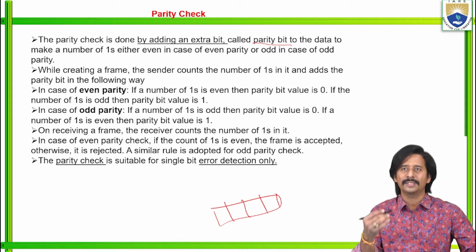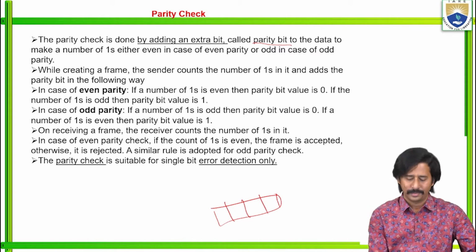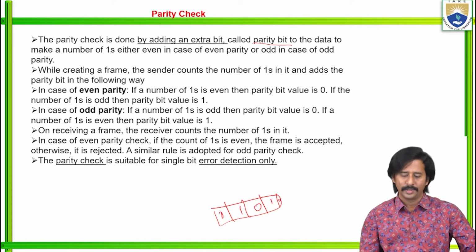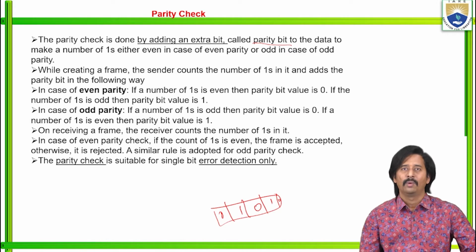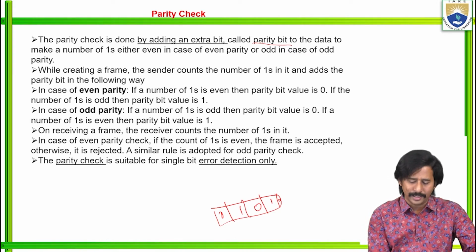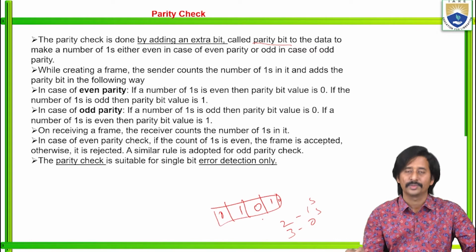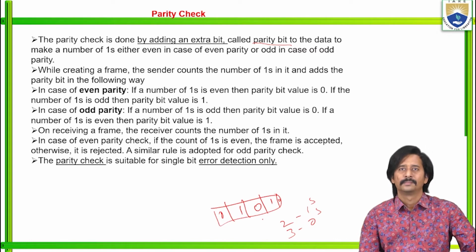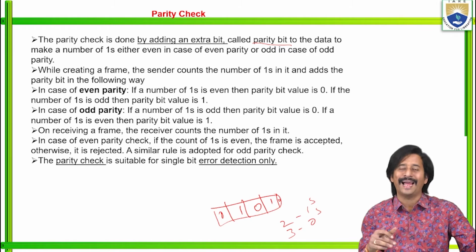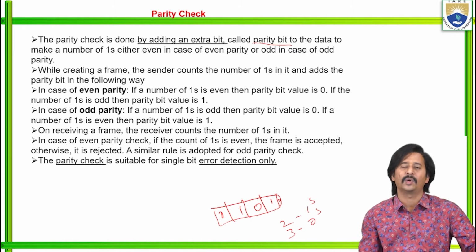the sender counts the number of ones in it. Let us say 0, 1, 0, 1, 0, 0, 1, 0, 1, 0. While creating the frame, the sender counts the number of ones in it. Once the frame is created, the sender counts the number of ones in it and adds the parity bit in the following way.